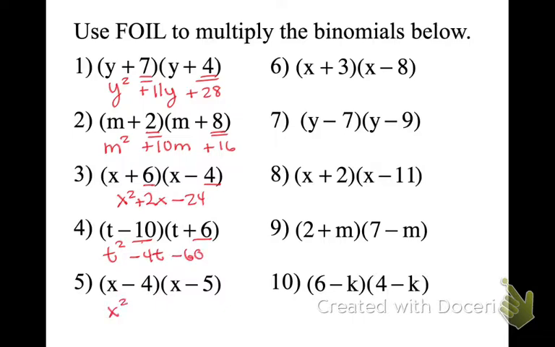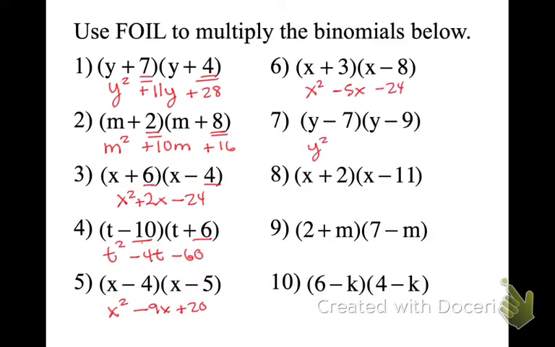X squared minus 9x plus 20. X squared minus 5x plus, it's a positive 3 times negative 8, which is minus 24.